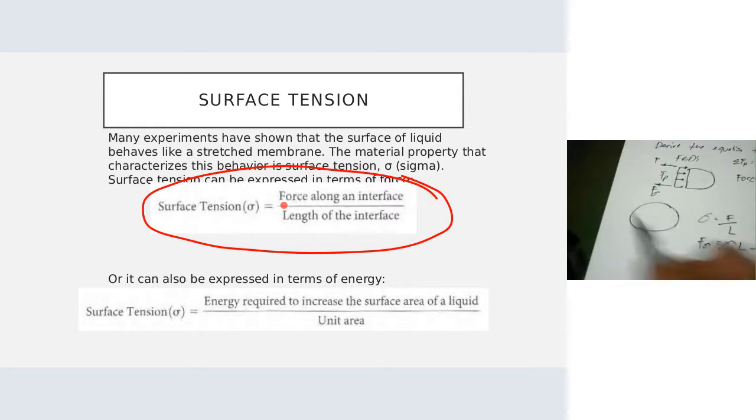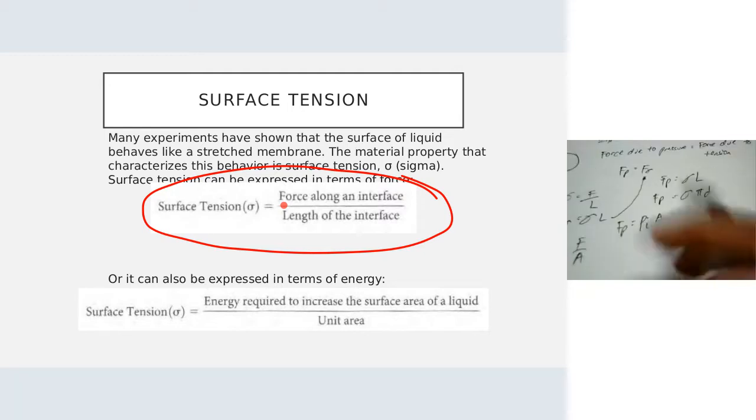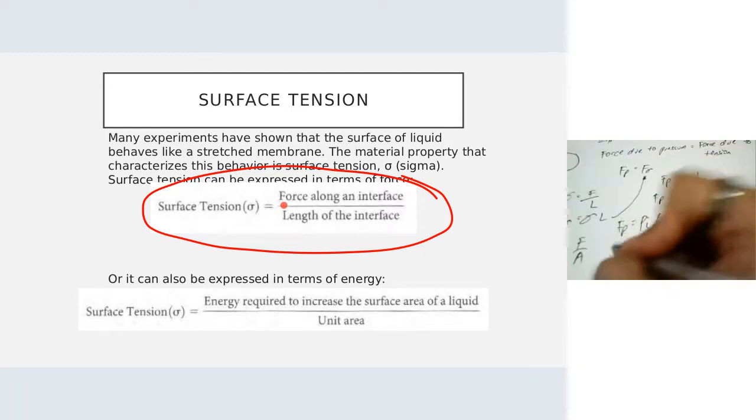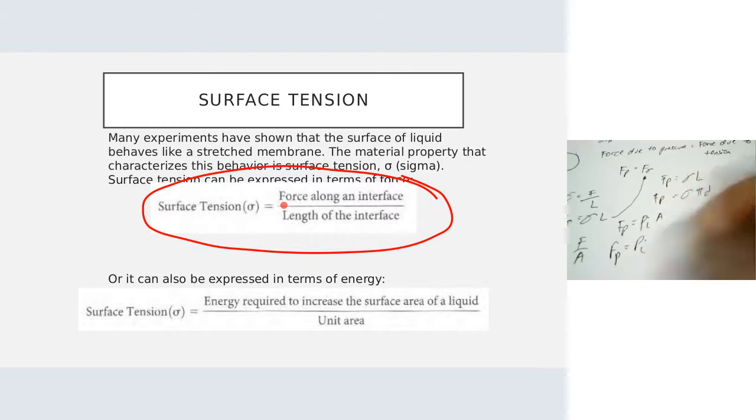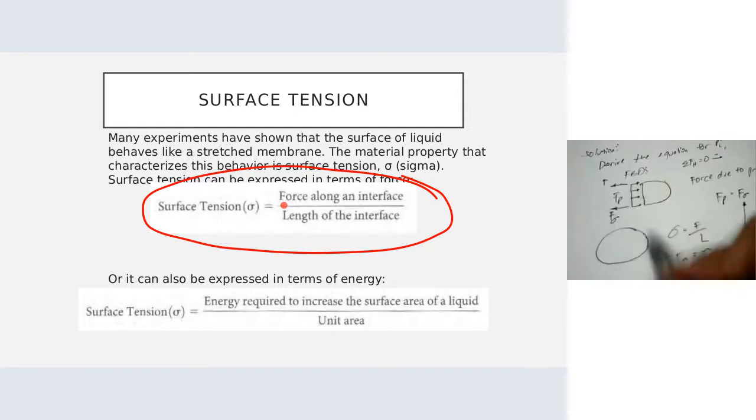That's the cross-sectional figure. Therefore, this F sub P will be equal to P sub i times pi d squared over 4. So this is the area of a circle, which is the cross-sectional area of this spherical water drop.